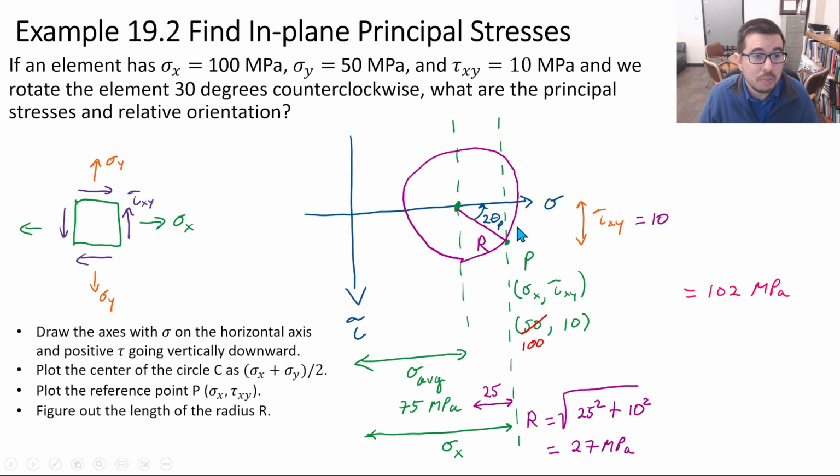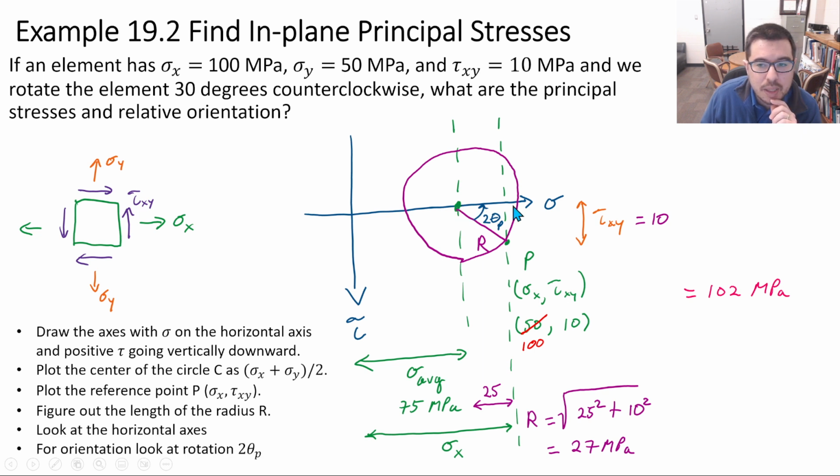And that's where our principal stresses are going to be. So what's cool here is to get from here to here, it's just adding sigma average plus whatever the radius is, and that will give you the higher principal stress, and sigma average minus r will give you the lower one.